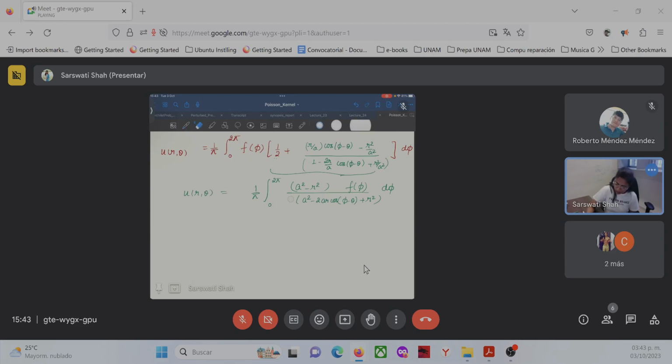Or you can write this outside of the integration. So this is known as the Poisson integral formula.